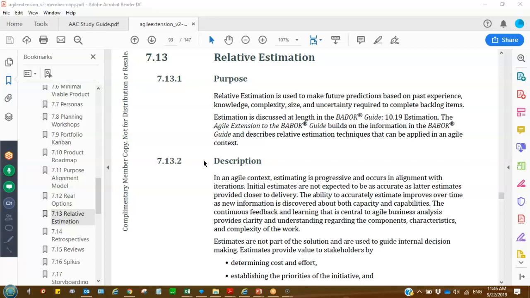And the key here is that what we're trying to do is not to determine how long or how much effort it will take for a particular item to be delivered. What we're trying to do is to say, how will that compare to the other things that we're working on or the other things that we've worked on? It's all about, is this bigger than a bread box, or is this smaller than a loaf of bread? That's all we want to get to.